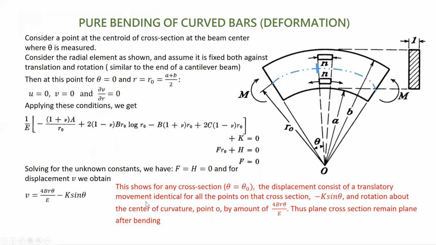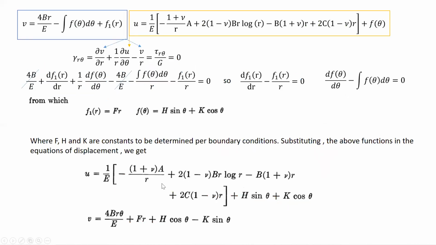Now let us look into this specific solution for our curved beam. What are the displacement boundary conditions for my problem? What do I mean by that? What do I need to satisfy to calculate these constants F, H, and K?